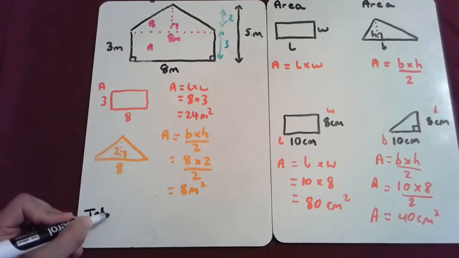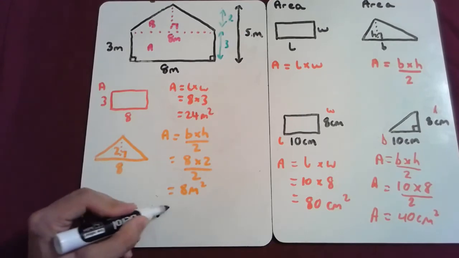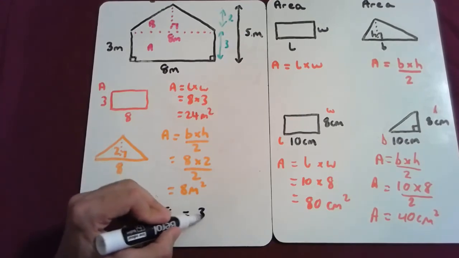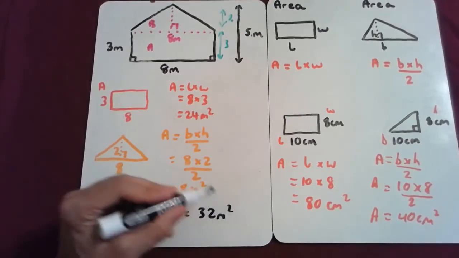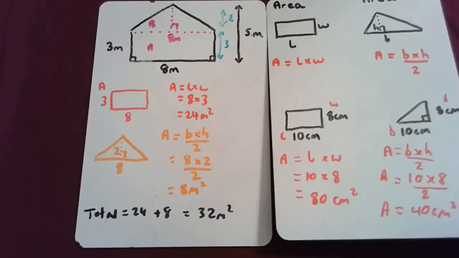So total area is 24 plus 8, which is 32 meters squared. So once again, just breaking this up into smaller, more manageable shapes to deal with.